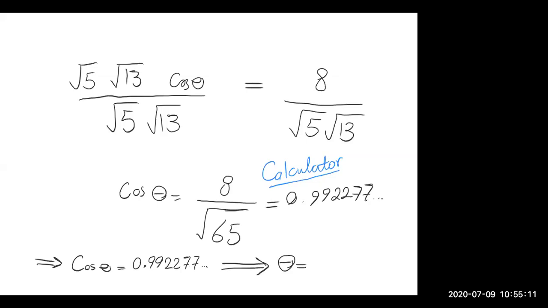Well, we can use a calculator. Yeah, it's an inverse trigonometric function. It's called arc cosine of that number. Well, we are allowed to use a calculator here. It's okay.